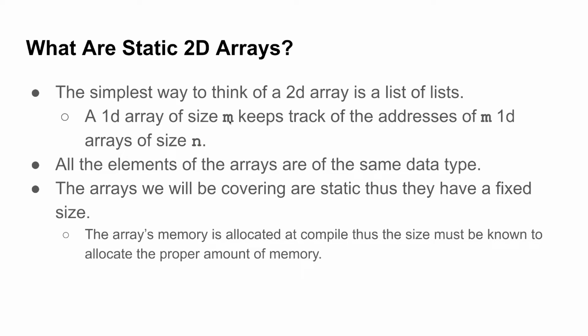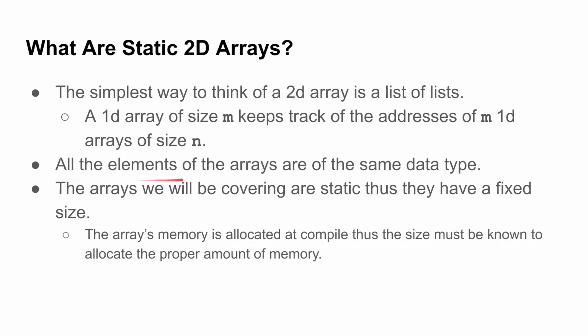Like a 1D array only has one dimension, this one has two. The m dimension is going to keep track of the addresses of a bunch of arrays of size n, and you need to have m of those arrays of size n. And the compiler will do all of this for you.